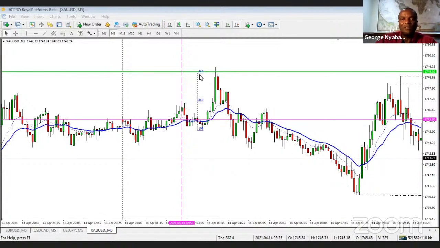It doesn't surprise you, right? Because a measured move would get us there. It was also a test of yesterday's high, and then you have the bears coming back in. So again, your bear bias would have remained. So measured moves, where the market is going, reversals, that should not surprise you.